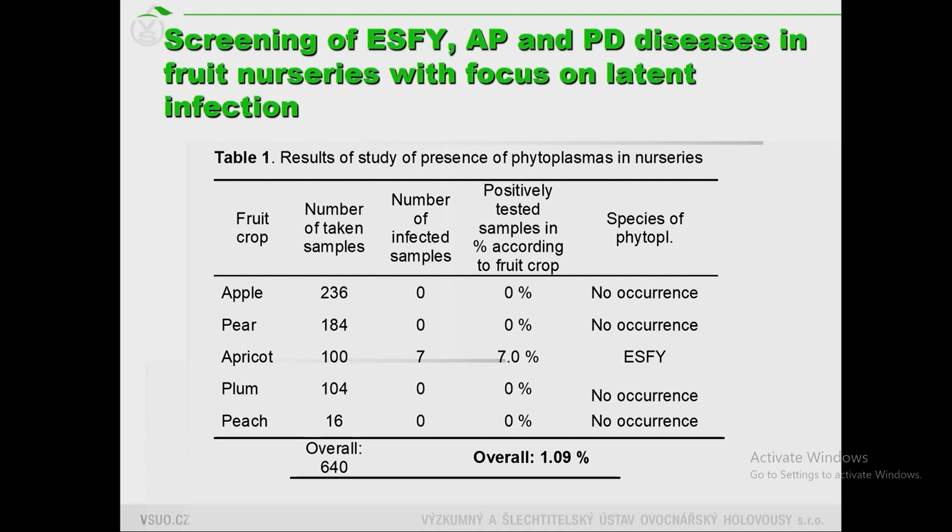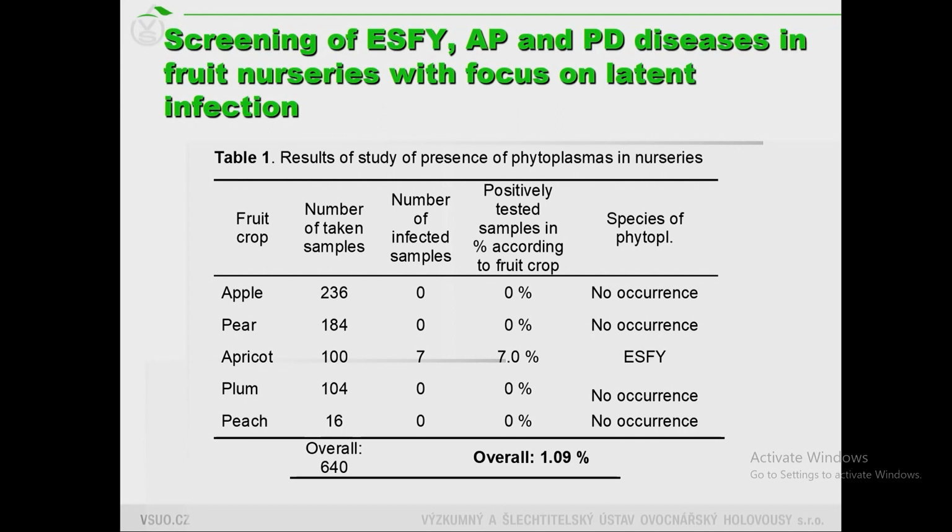Concerning the Czech situation, all these phytoplasmas are not classified as quarantine, but only as regulated pathogens. It is said by the Czech phytosanitary inspection organs that they can tolerate an infection rate up to 3%.